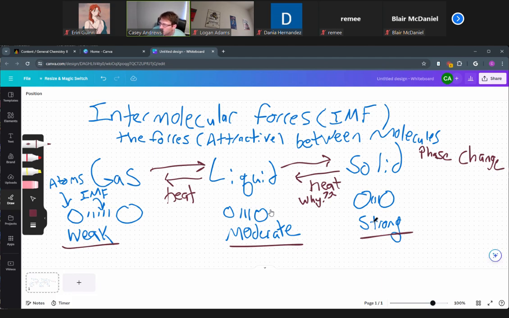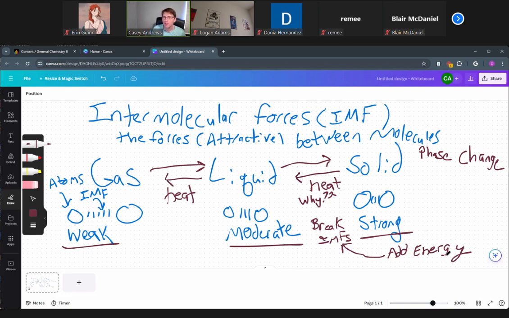If I want to go from strong intermolecular forces to moderate, basically what that means is that I am breaking some IMFs. I need to break the attractive forces that are holding these molecules together in a solid. To break IMFs, you need to add energy, right? In chemistry, if I want to break an intermolecular bond, I need to add energy to break that bond.